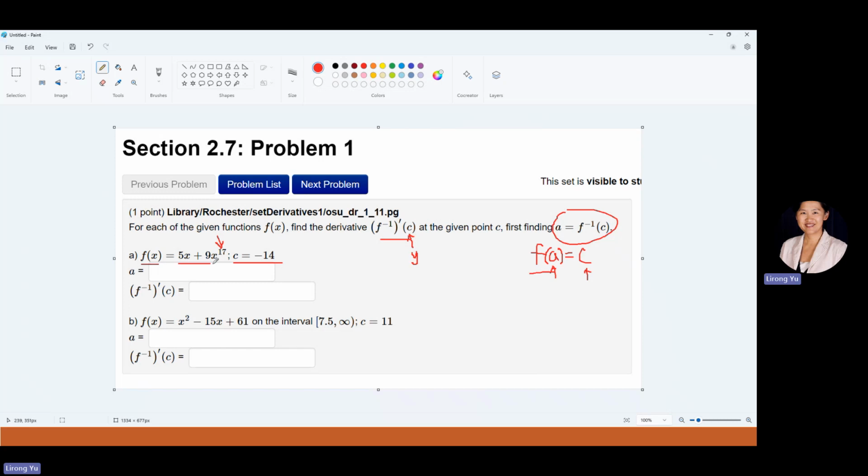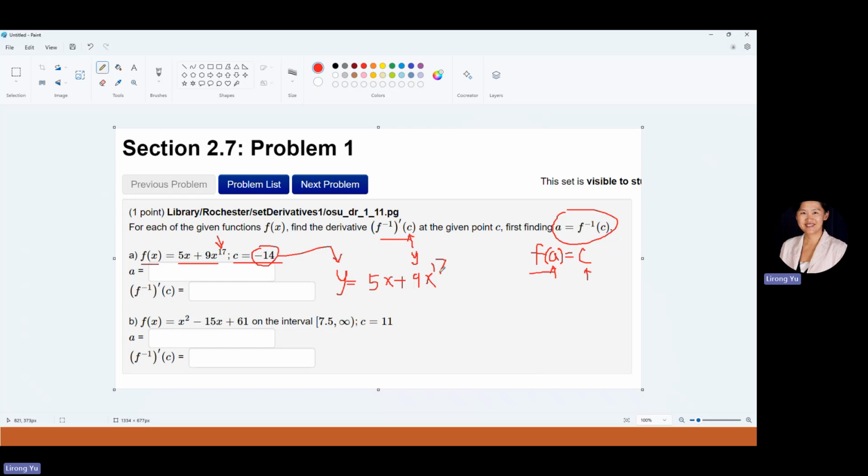That should be equal to something like this. What you're looking for is y equals 5x plus 9x to the power 17. And we wish to have this equal to negative 14, because negative 14 is c, and it's the y value.